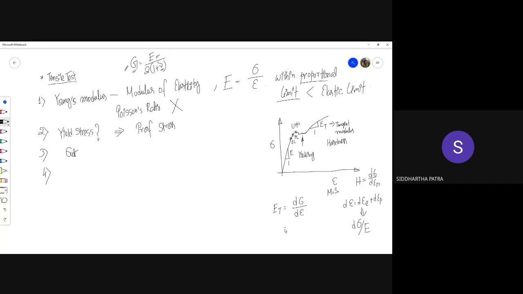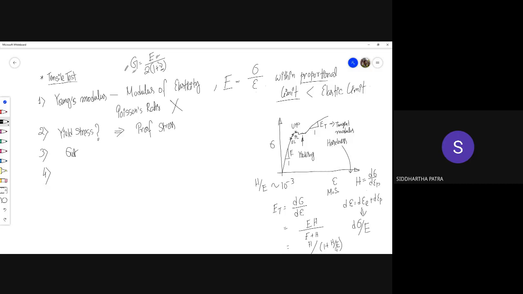which eventually tells us that this quantity is E times h by E plus h, or h divided by 1 plus h by E. And h is the hardness that we are talking about. h by E is typically of the order of 10 to the power minus 3, 10 to the power minus 2, minus 3, whatever.